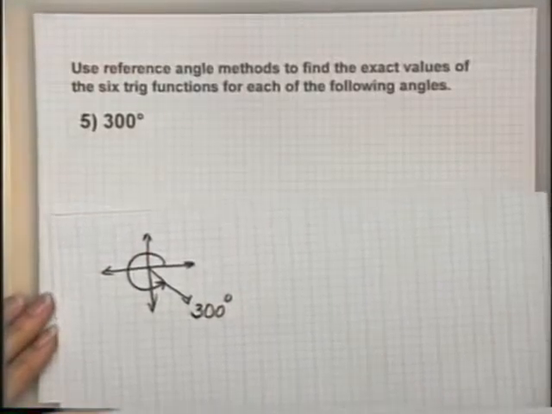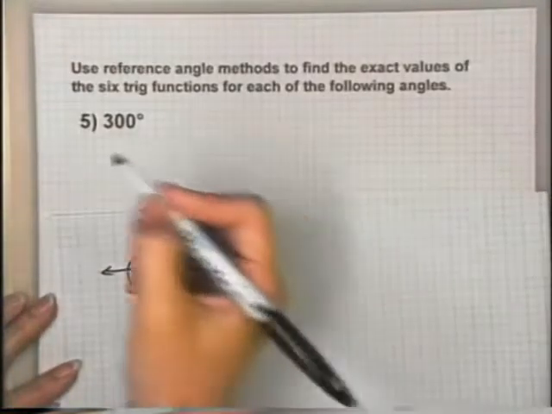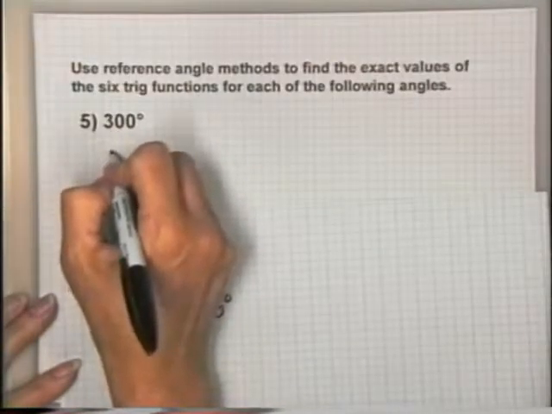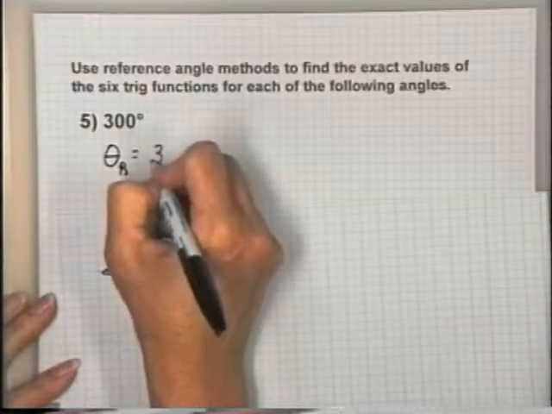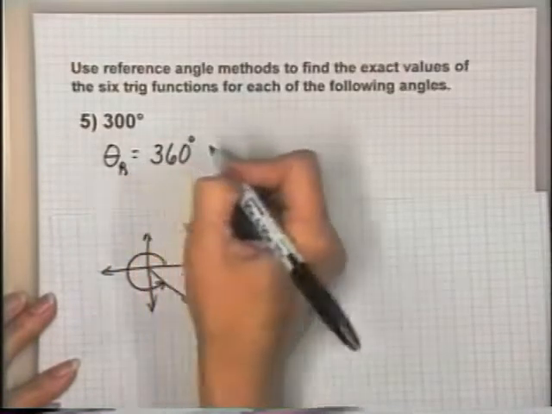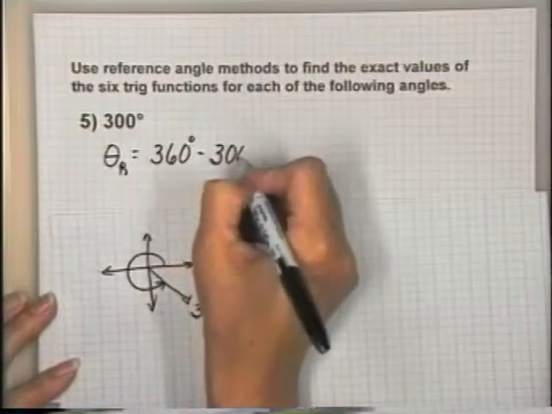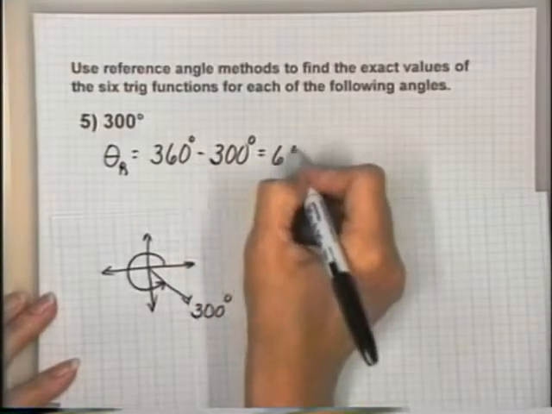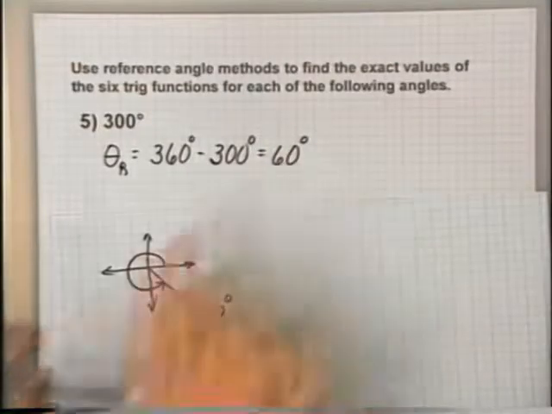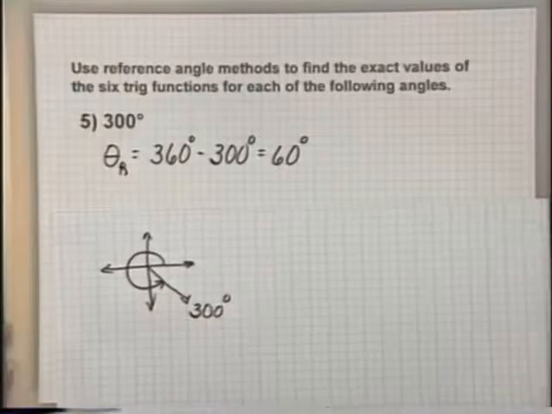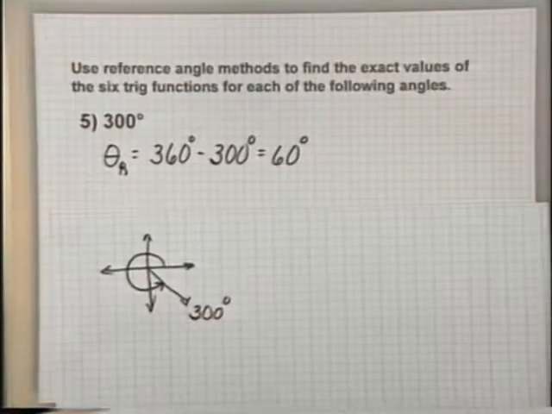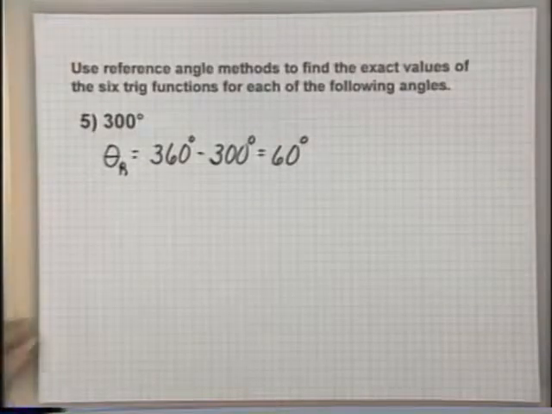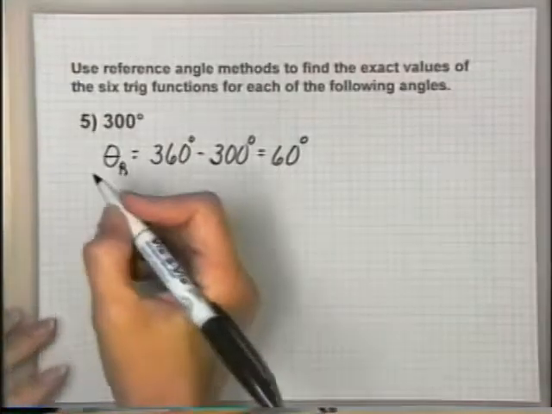So we'll find its reference angle by saying 360 degrees minus 300 degrees, and the reference angle is 60 degrees. And so since its reference angle is a special angle, since we know the trig functions of 60, here's how we'll find the trig functions of 300.